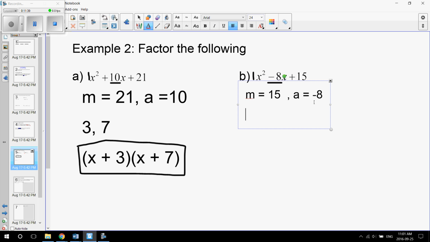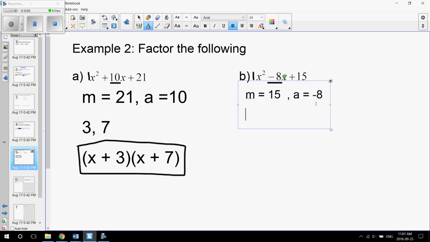Hopefully you've said that both of those numbers are going to have to be negative for this to work, because two negatives multiplied together give us a positive, but when two negatives are added together, we end up with a negative. So already we know that our two numbers are going to have to be both negative numbers.